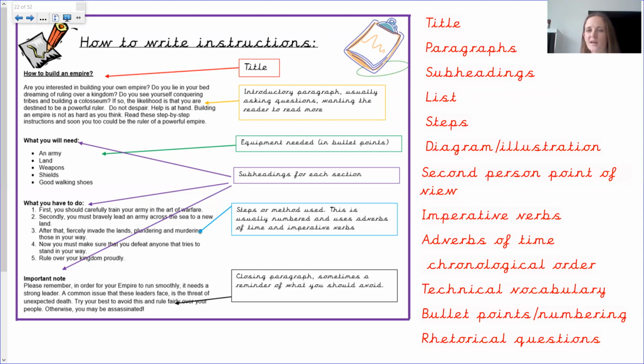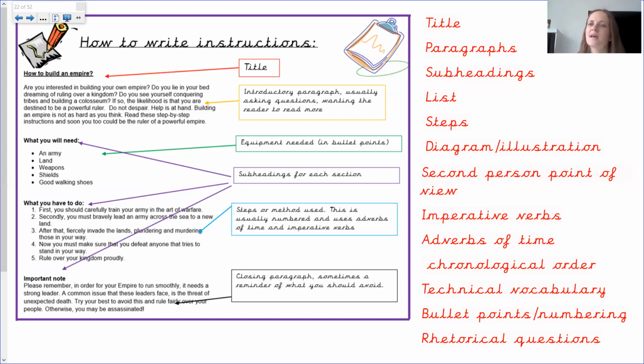We've talked quite a lot about that. And then you have a closing paragraph, sometimes a reminder of what you should avoid or not do. And then we also spoke about the fact that it will often include a diagram or an illustration.